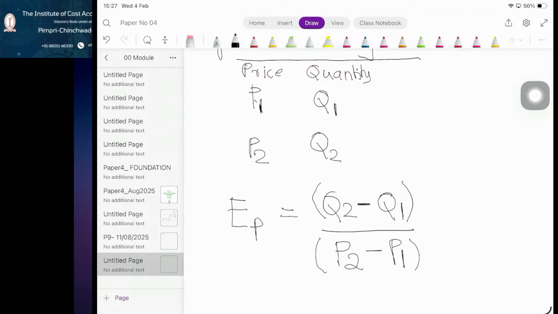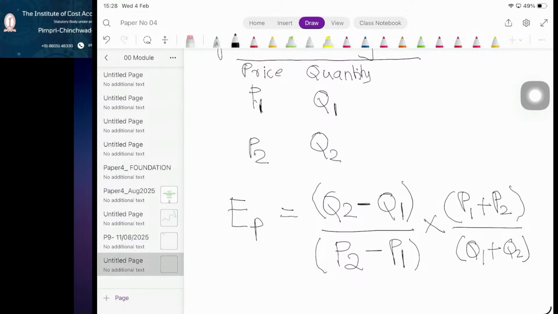I'm just putting parentheses to make it very clear that we have done the subtraction operation. Multiplied by (P1 plus P2) upon (Q1 plus Q2).